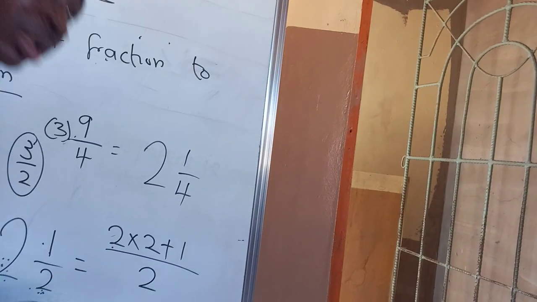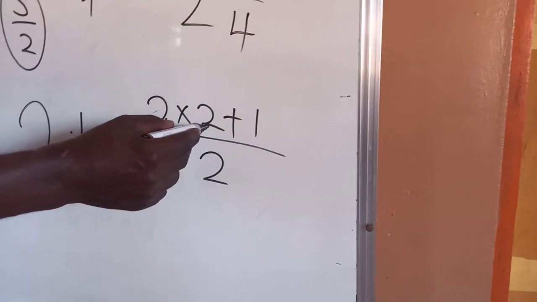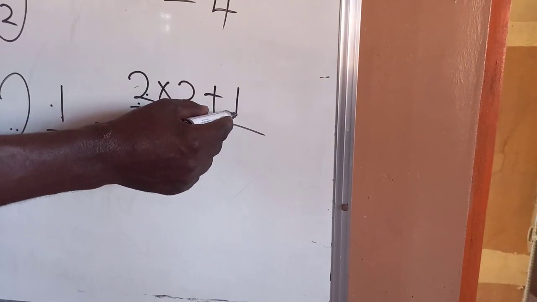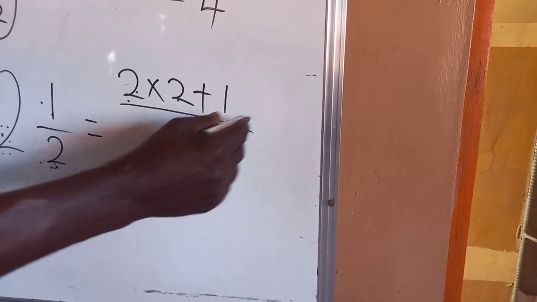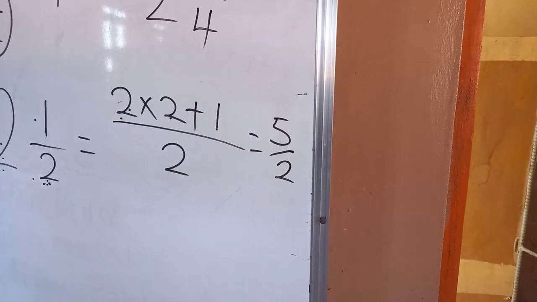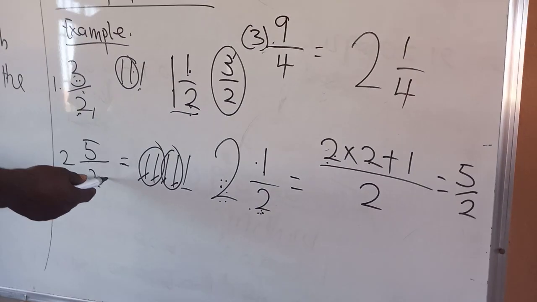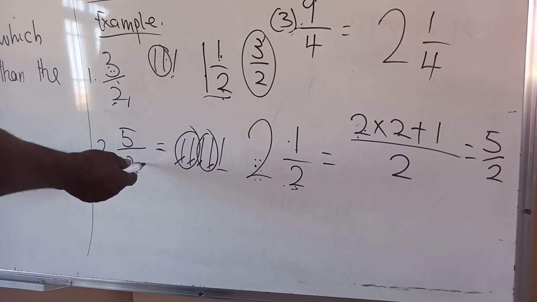So 2 times 2 gives 4, plus 1, 5, out of 2. So this is equal to 5 out of 2. You see that is interesting. You can change this back to our improper fraction.